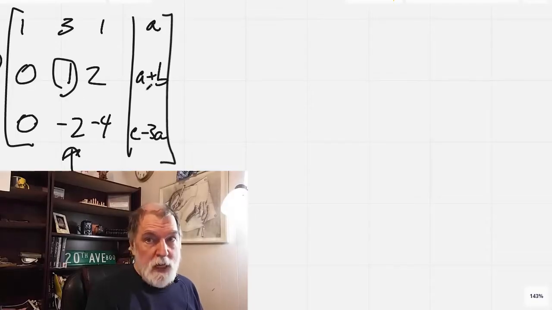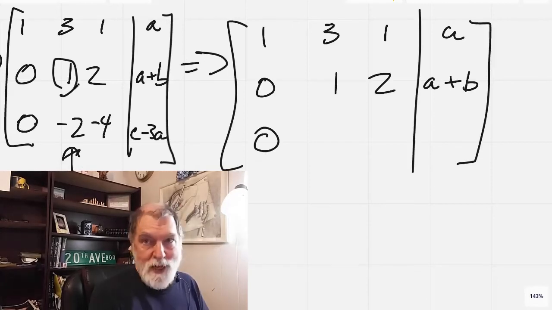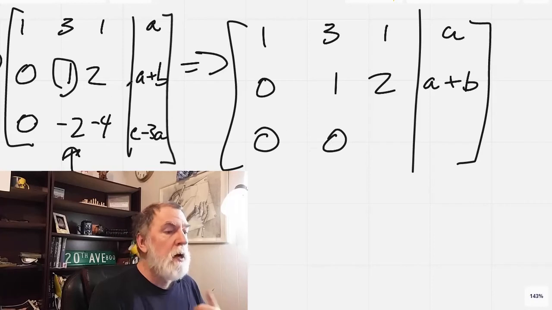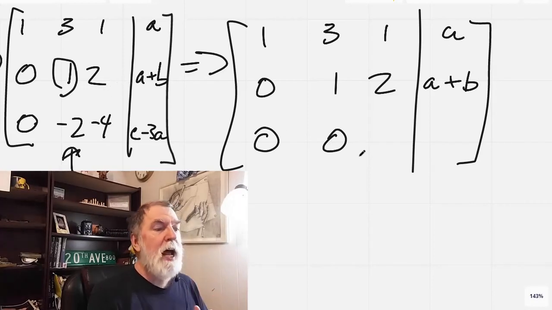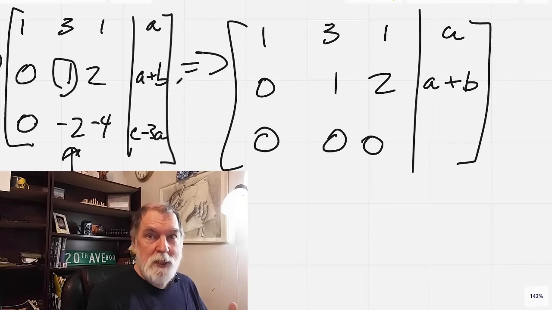Let's double the second row and add that to the third row. 2 times 1 is 2. Add that to the negative 2, we get our 0. 2 times 2 is 4. Add that to the negative 4. Oh, we get 0. And 2 times a plus b is 2 times a plus b.